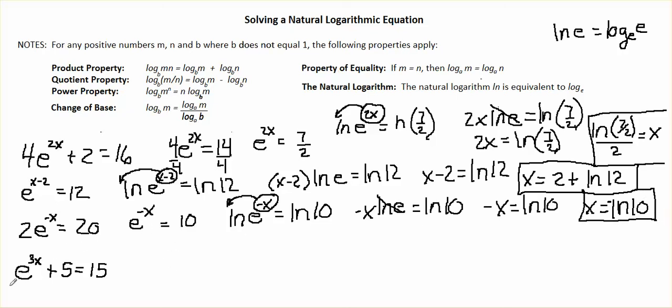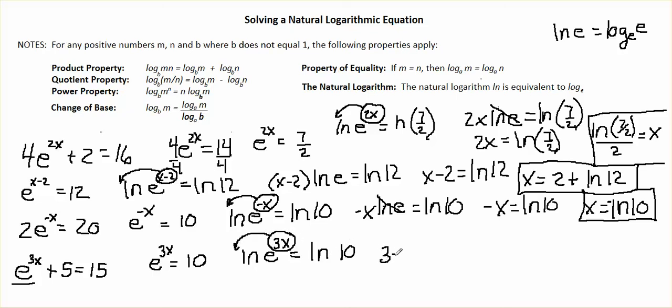Last example here. All right, the exponential part is not isolated. We need to get rid of this plus 5, so let's move it over. We have e to the 3x. When we subtract 5 from both sides, 15 minus 5 is 10. Because we're using the natural number, we are going to use the natural log to get rid of it. So we have the natural log of e to the 3x equals the natural log of 10. We're going to take our exponent, and using the power property, we're moving it in front.